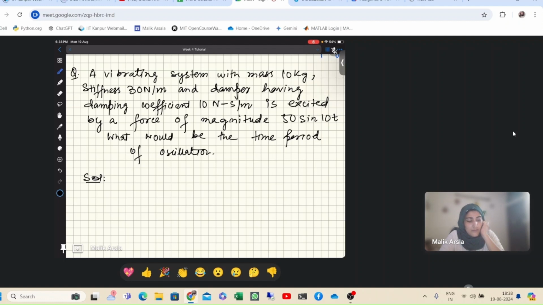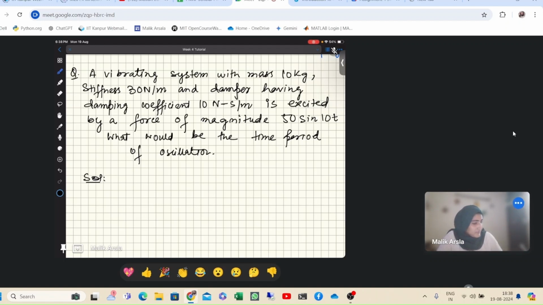Omega d has been calculated from natural frequency and damping ratio. Omega n into under root of 1 minus zeta square. Then omega n you write as root k by m. And for zeta, I have used the formula C by Cc. Yeah. So basically that is how we do it.